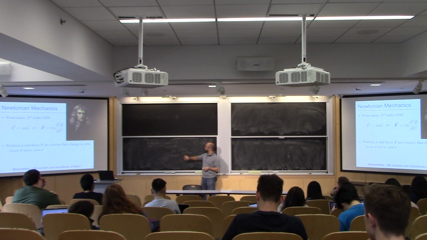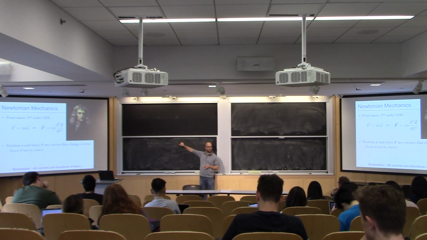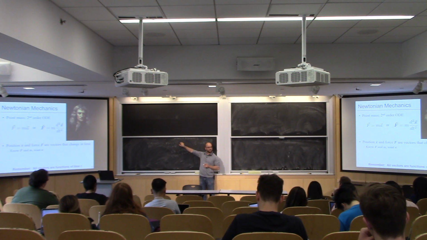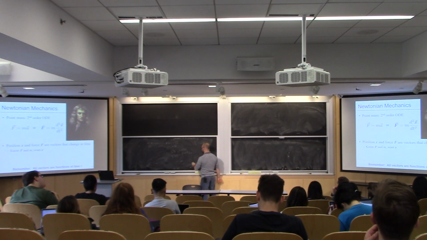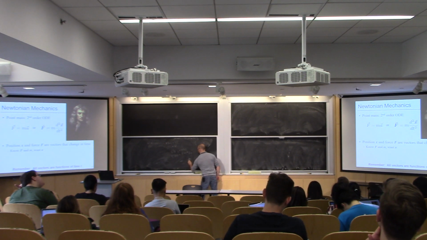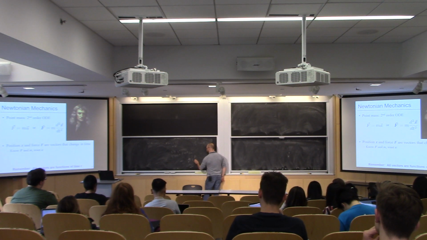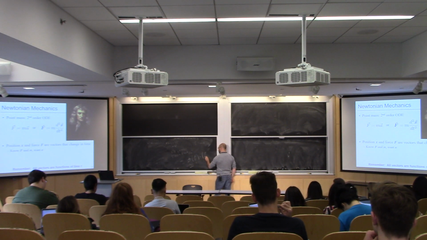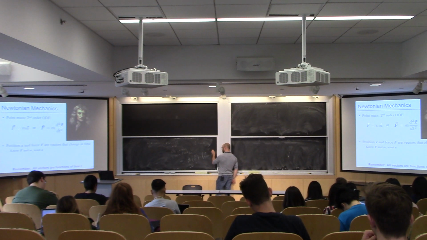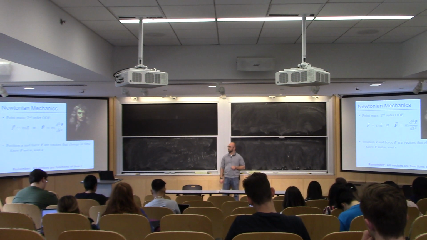Yep. So let's write this in a cute way. Let's pretend that instead of having one unknown in 3 variables, I have 2 unknowns. I glue them together into one vector in R6, right? Then I can write d over dt of (x, v) is equal to (v, f), right? But take a look.